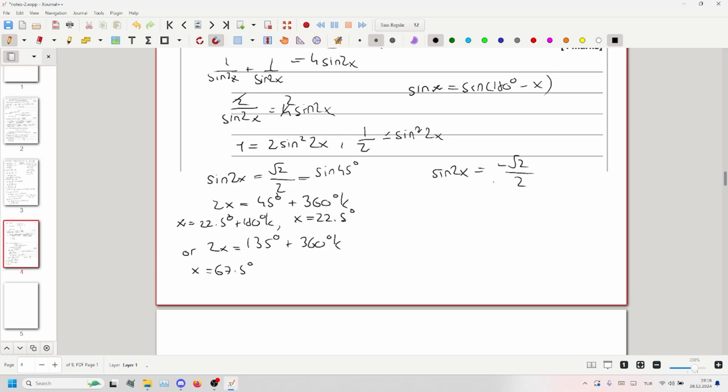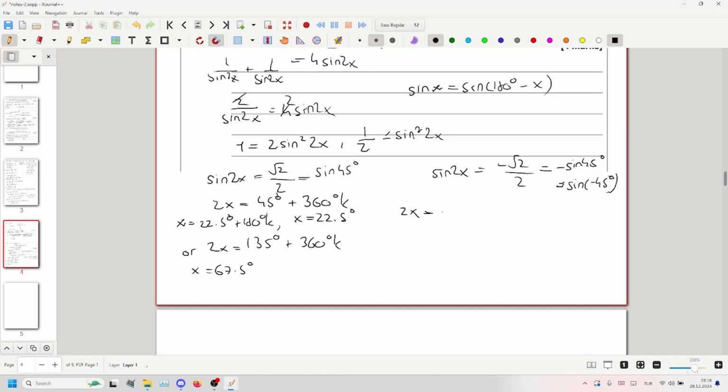Now here, you can find the angle whose sine is root 2 over 2 and negative root 2 over 2. But here, because sine is an odd function, you can just write this as negative sine of 45 degrees, because sine of 45 is root 2 over 2. And this is just equal to sine of negative 45 degrees, because sine is an odd function.